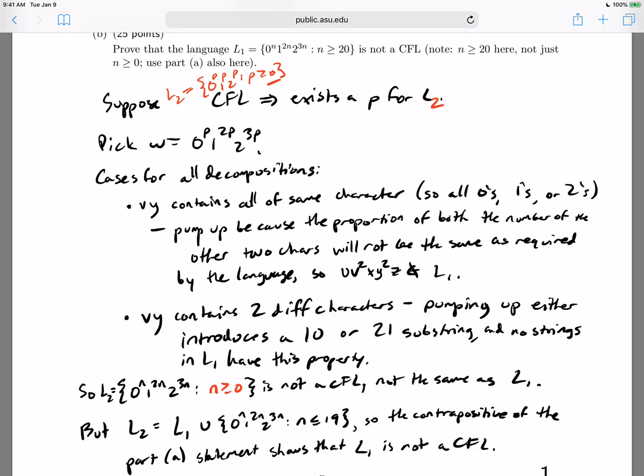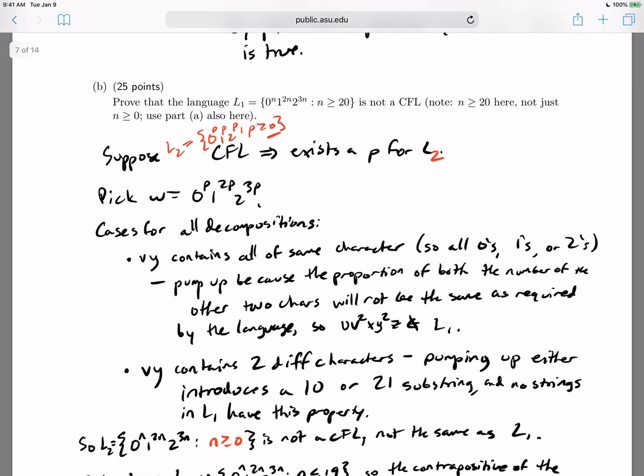If you just say, if we pump up, we leave the language, that's not helpful to understand. It's helpful if we have all of the same character, then the proportions will be wrong. But if we have two different characters, well, the proportions will be wrong too. But in addition, we'll introduce a substring that we don't want in there. So either we'll introduce a 1 0 or a 2 1.